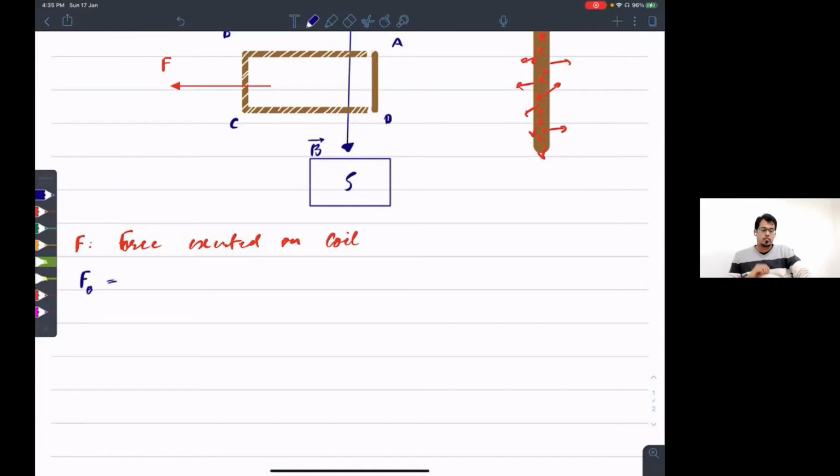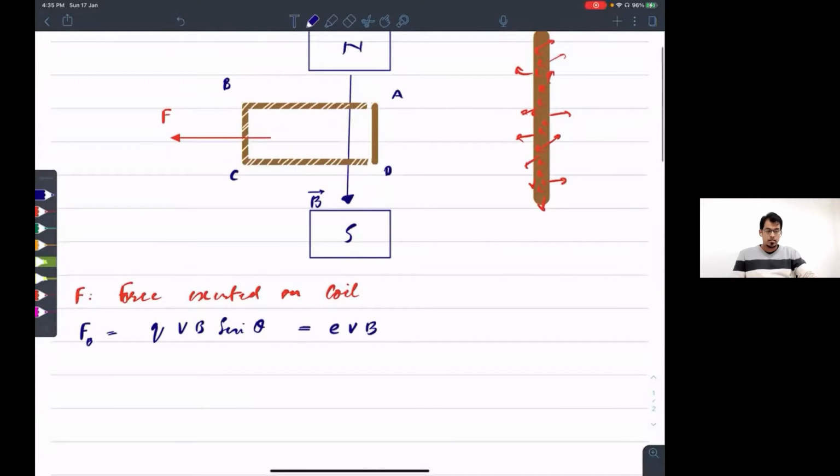FB means magnetic force, and it is given by QVB sine theta. We are talking about electrons, so Q is replaced by e, V, B, and I hope you will agree that theta is 90 degrees, because the electrons are moving horizontally and the field is top to bottom, so the angle is 90 degrees, and sine 90 is 1. So the magnetic force is eVB.